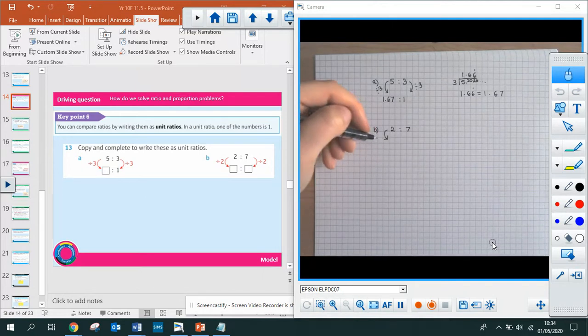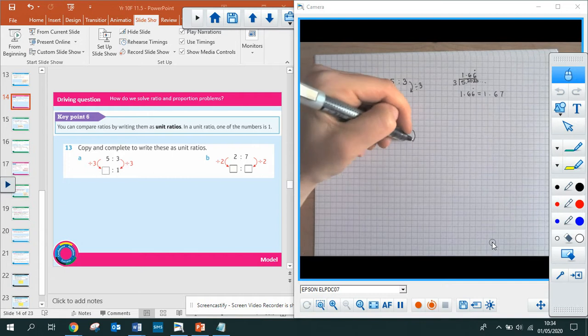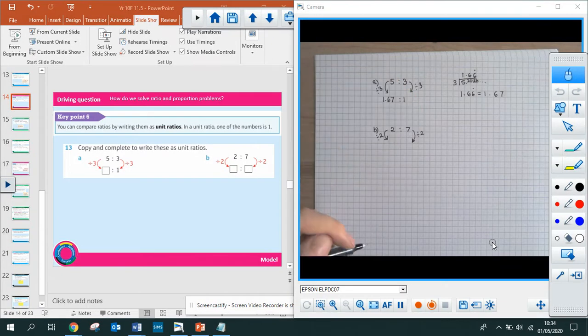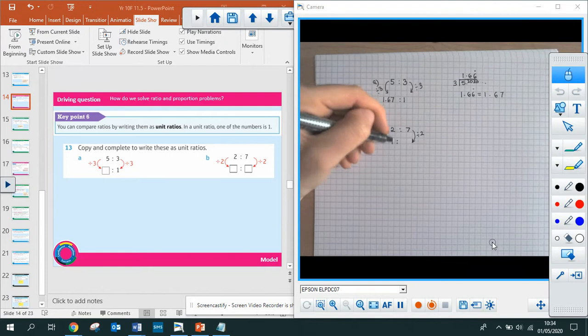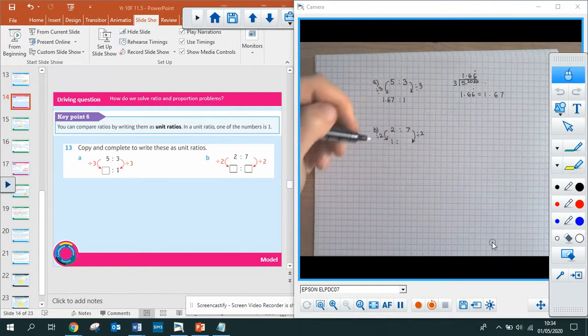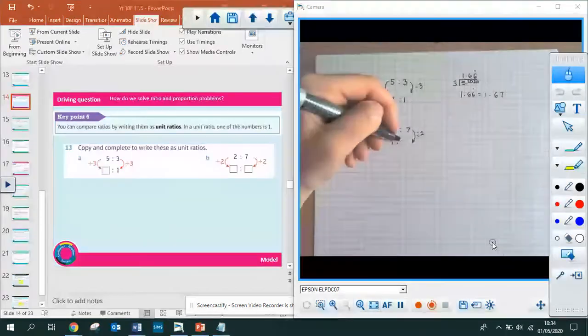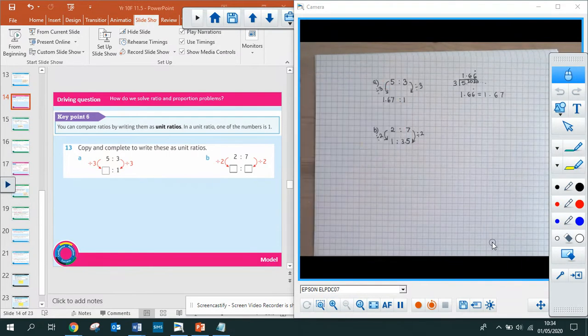So divide by 2, divide by 2. 2 divided by 2 is 1. That shows this is definitely a unit ratio. 7 divided by 2 is going to be 3.5 because half of 7 is 3.5. And that's my answer as a unit ratio or in unitary form.